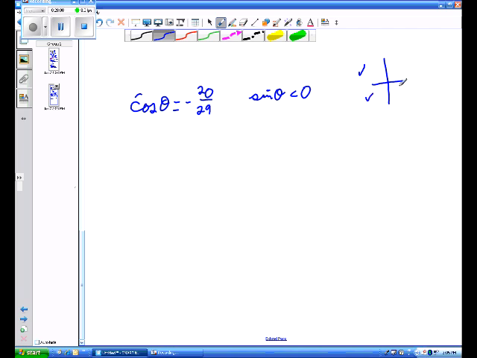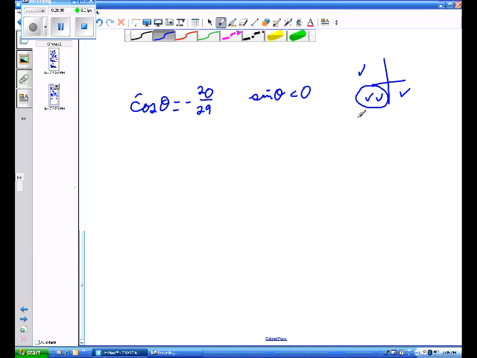I keep saying that wrong. The sine's negative. Well, the sine was positive in the first and second, so it's negative in the third and the fourth. So this is the quadrant that makes those both true. So that means that our angle terminates in the third quadrant.